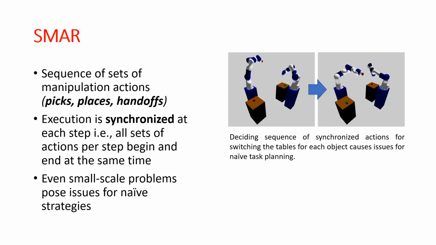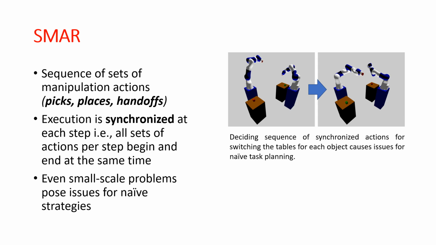So what does the model of our problem look like? First of all, object rearrangement involves changing the initial poses of a set of objects to their respective target poses. We affect that change using manipulators that can perform pick actions, place actions, and handoffs.